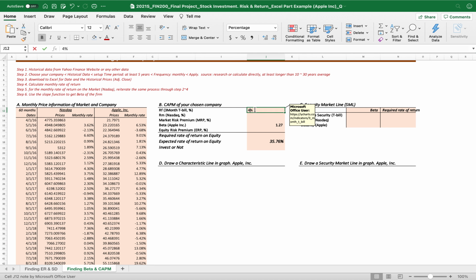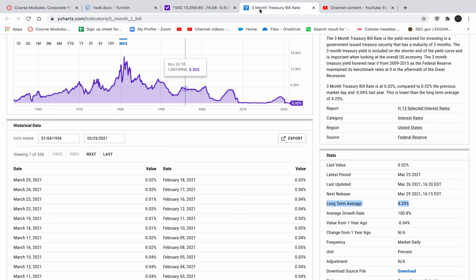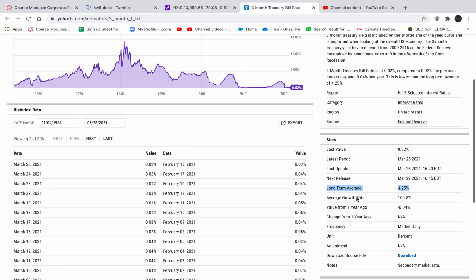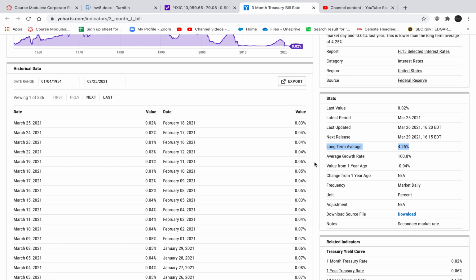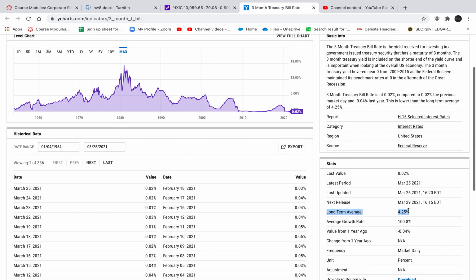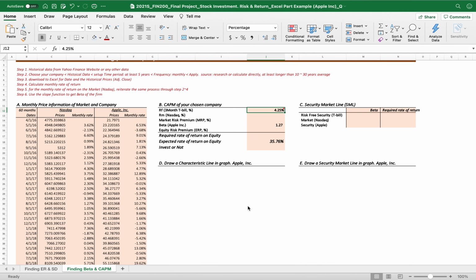So I found that information from research. Once I put in a hard number, you must explain where you got it. I got this information from this website, Y-chart. The long-term average treasury bill rate is 4.25%. If you found another number, please use that number, okay?